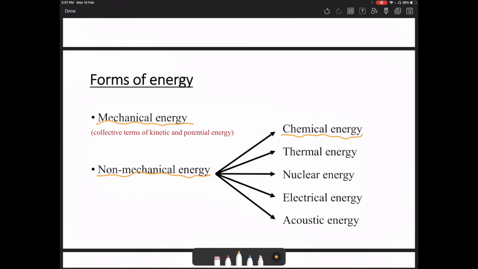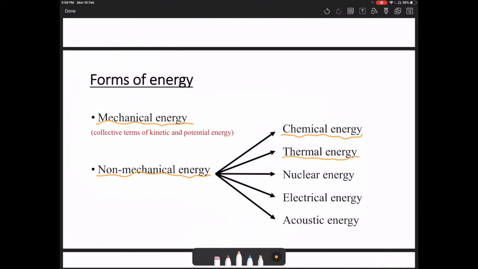Chemical energy is energy stored in the bonds of chemical compounds, like atoms and molecules. Examples include batteries, food, gasoline. When we eat food, the chemical energy in the food is being transferred to our body. That's why you have energy to watch my video now.